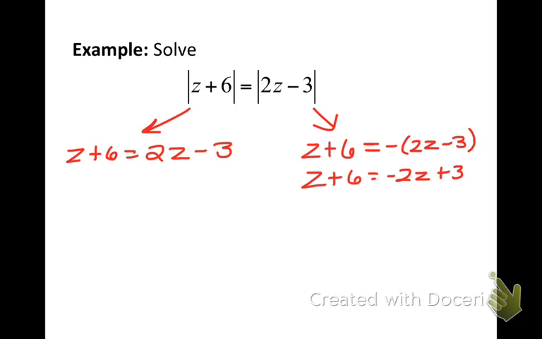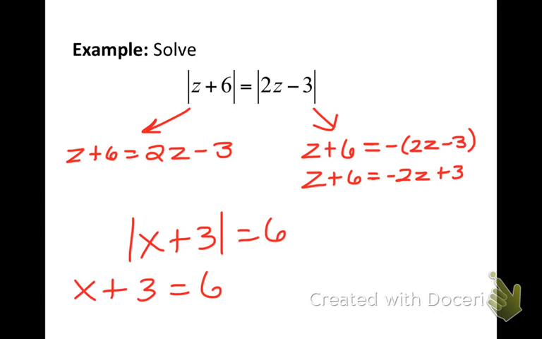Jenna, why wouldn't the first part of that equation be... Good question. I'm glad you asked that. So Jenna's asking, why would we not also change this part to negative? Is that what you're asking? Just keep in mind what we did before when we had the absolute value of x plus 3 equaled 6. I had x plus 3 equals 6. I did not make it negative x minus 3 equals negative 6, right?